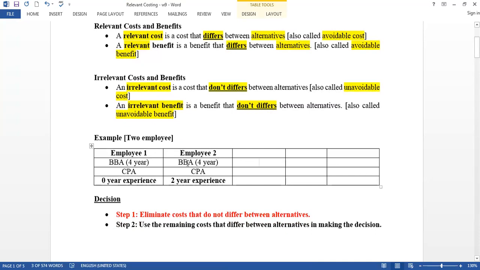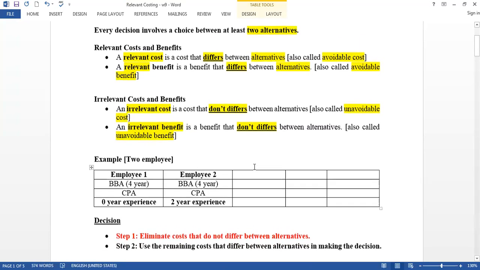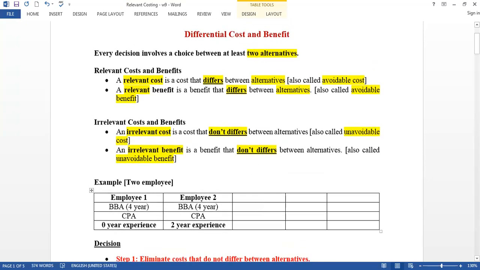So is there any difference between these two alternatives? They don't differ, right? Don't differ means they do not have any difference. If they don't have any difference, which one is the keyword?